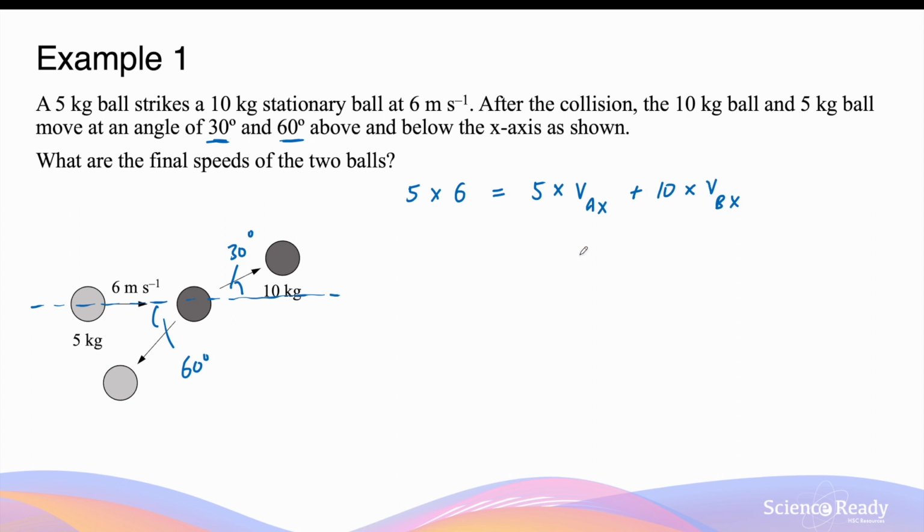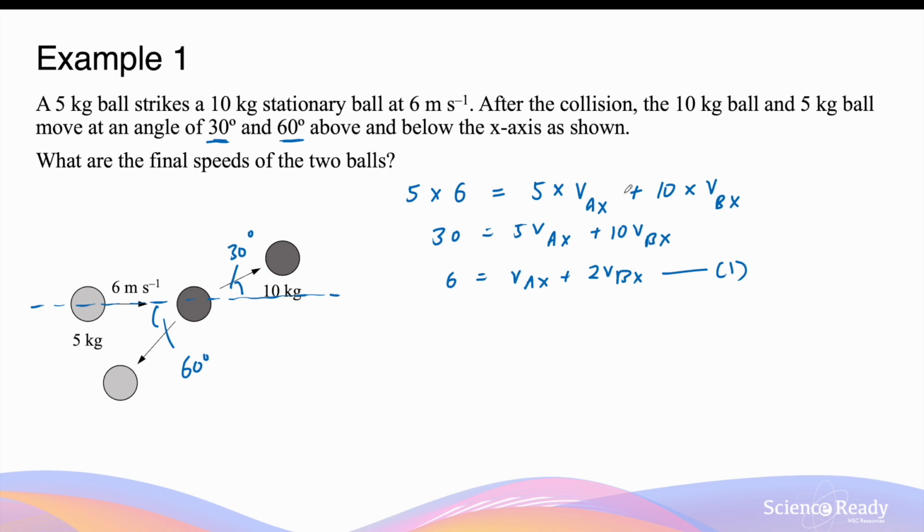This simplifies to 30 equals 5 Vax plus 10 Vbx. We can divide by 5 on both sides to get 6 equals Vax plus 2 Vbx. Let's call this equation 1, as I'll return to it later in my working out.